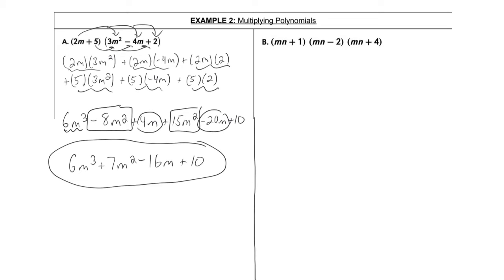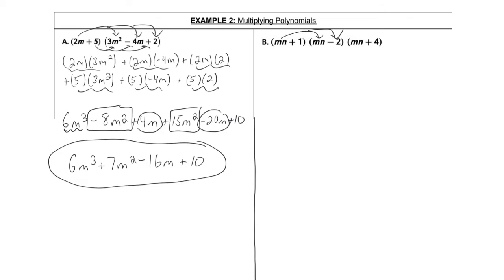You take the terms in the first one and distribute every term in the second parentheses. The next one, we have a problem where there are 3 polynomials. So you're going to only focus on the first 2, and then you'll bring down the third one and distribute what you get for the first 2 to the third one. All right.